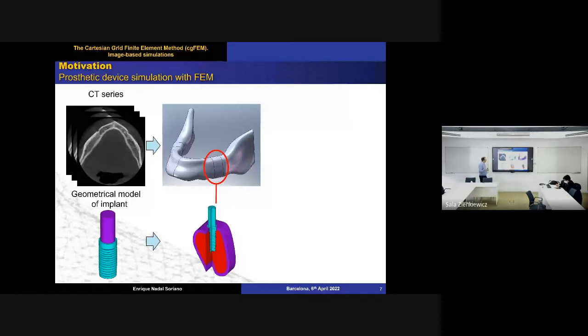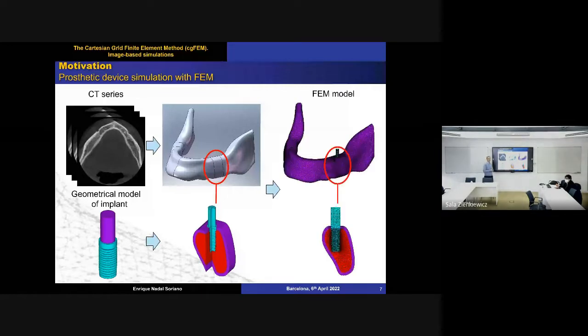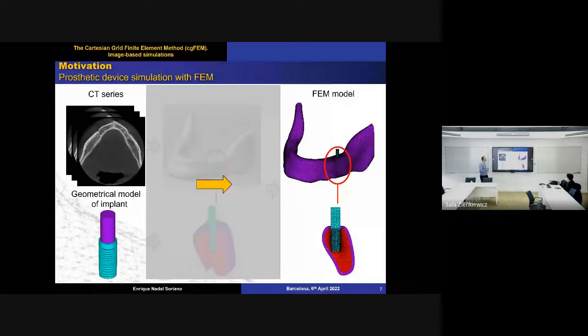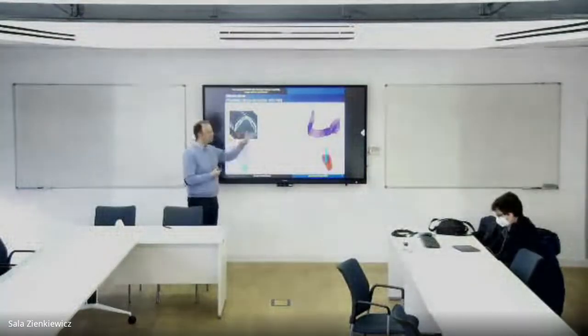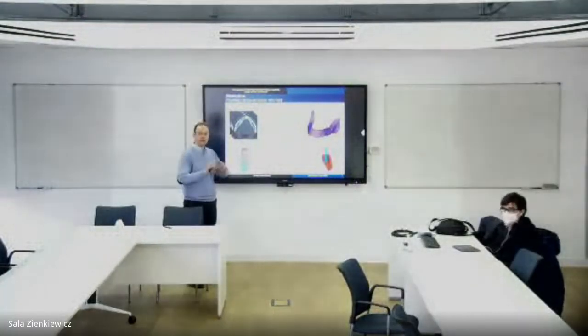Then we construct the finite element model, and we can run our analysis as usual. What we want to do is to avoid this step in the middle, to avoid the generation of the full geometry from the CT scan, because when we build the finite element model, normally we forget about the geometry.